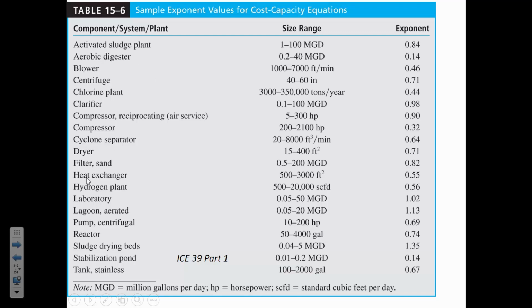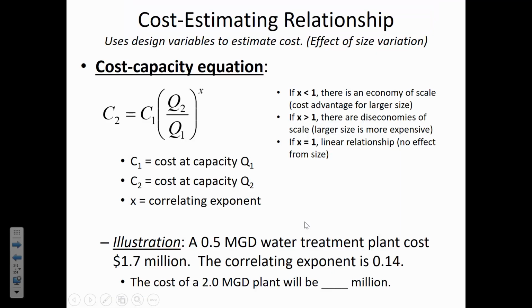But there's a lot of different possibilities, and you'll notice here we have it greater than 1 for the laboratory. That's the building where they're analyzing water samples. And then an aerated lagoon has a greater than 1, and so do sludge drying beds. Those are some rare examples of things that are more expensive the larger you make them. In our case, we're going to use 0.14.